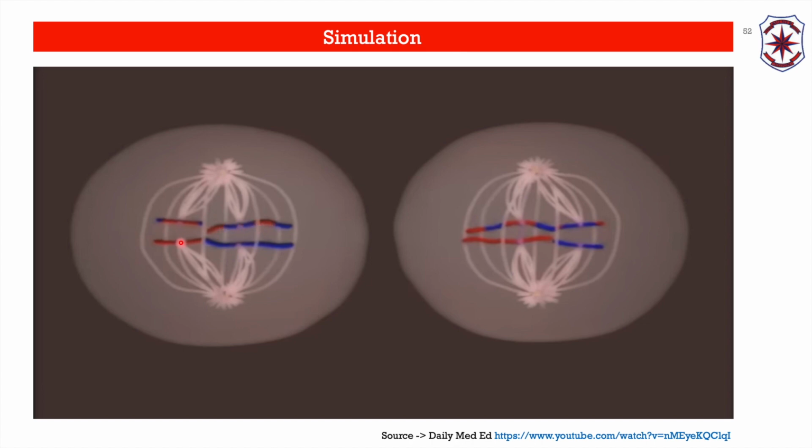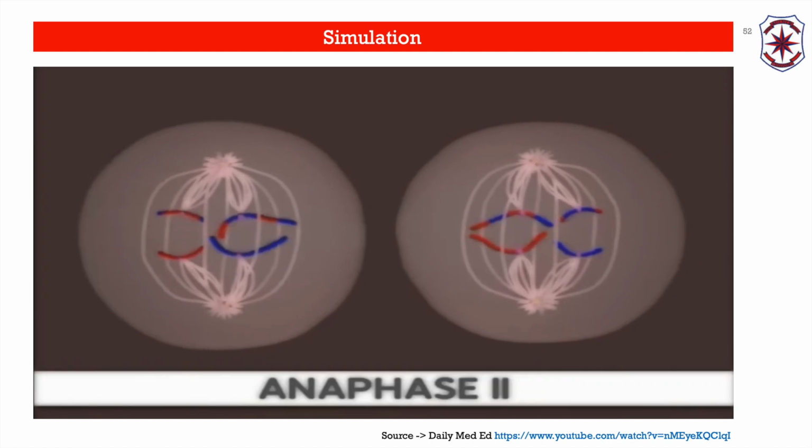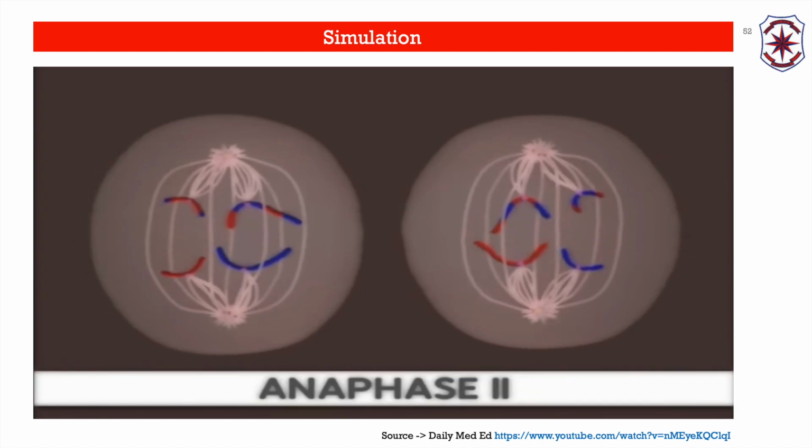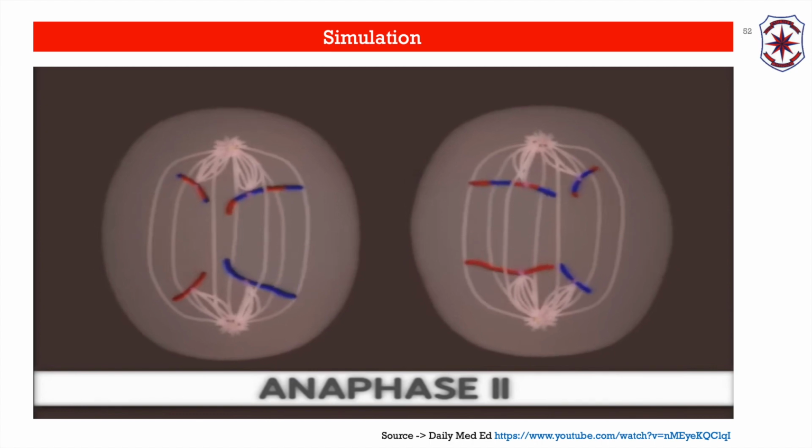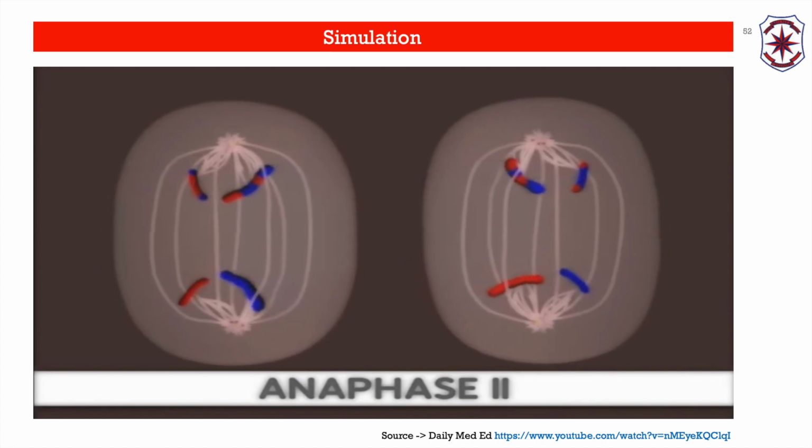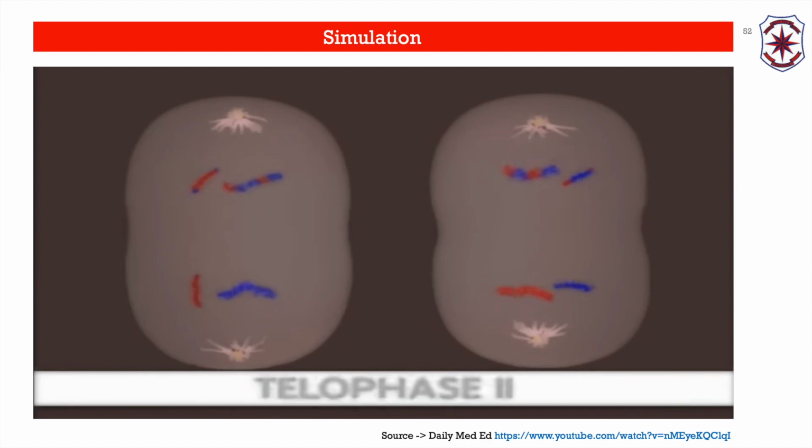After the replicated chromosome splits, the unreplicated chromosomes now will move to the opposite poles of the cell. Emphasis, chromatids or unreplicated chromosomes will move to the opposite poles of the cell. And that is precisely what is happening. So there are the chromatids or unreplicated chromosomes moving to the opposite poles of the cell. That is the end of anaphase 2.